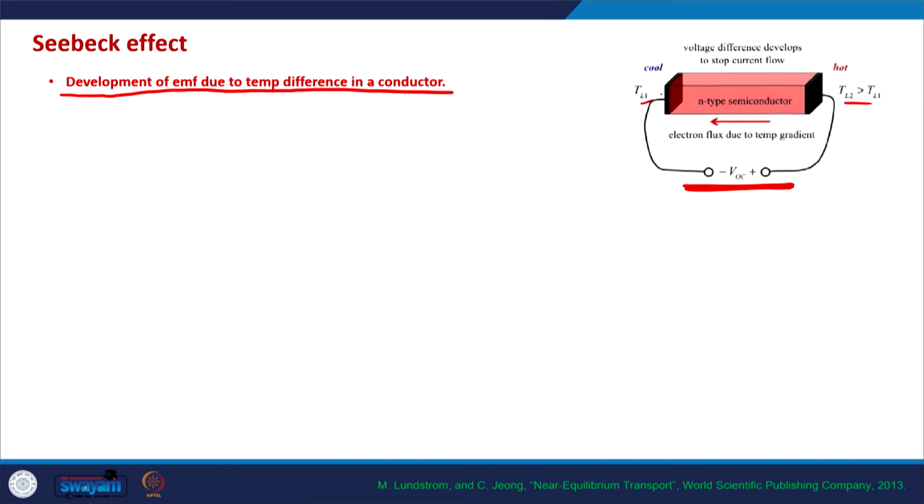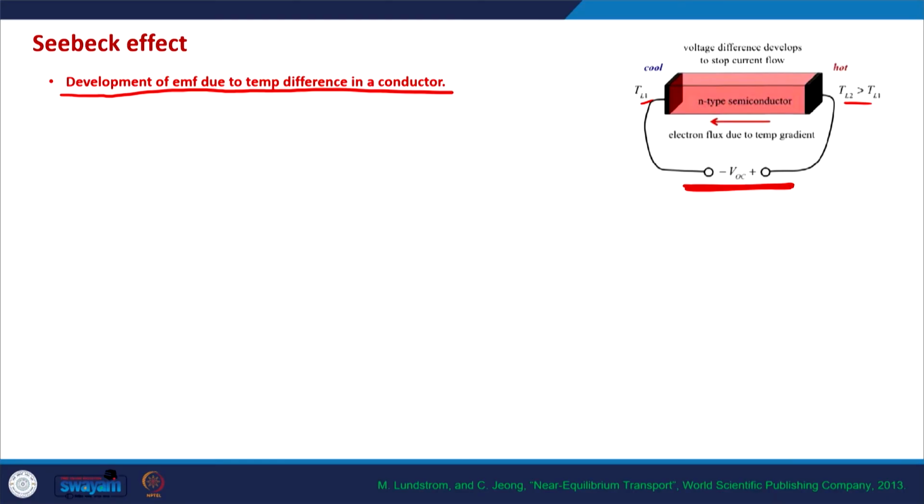This is known as the Seebeck effect, which in other words means that if we heat a conductor on one end, there will be a non-zero voltage difference between two of its terminals.